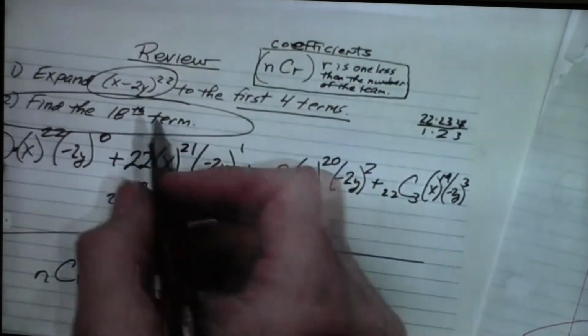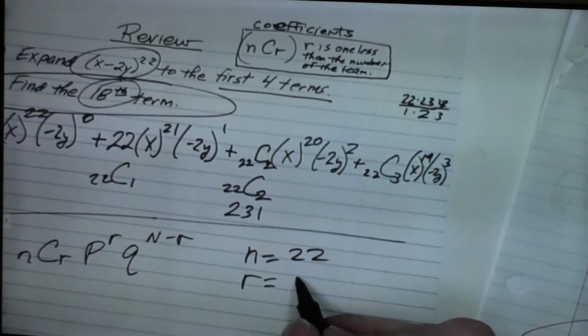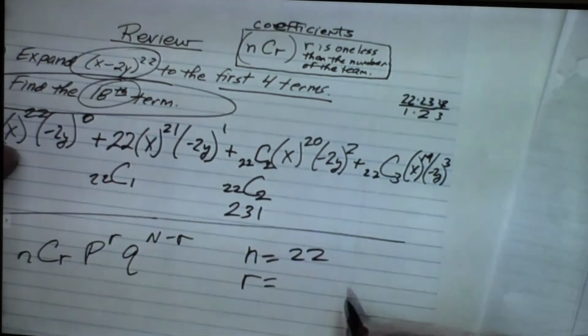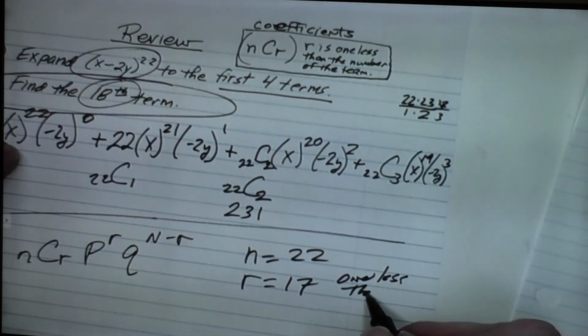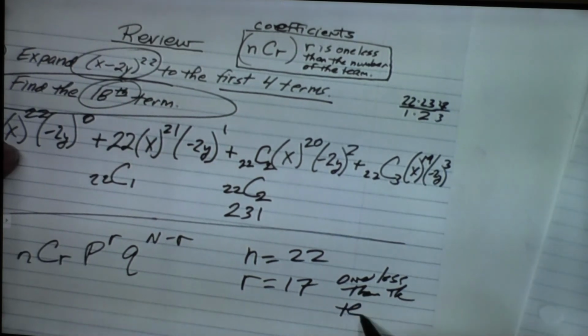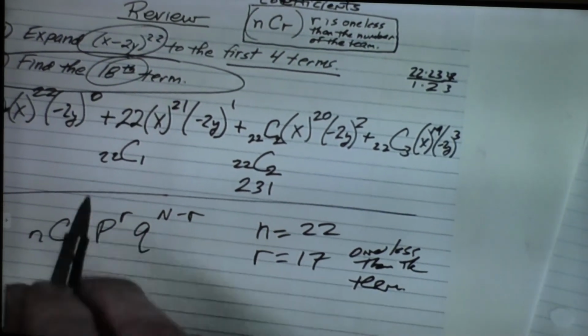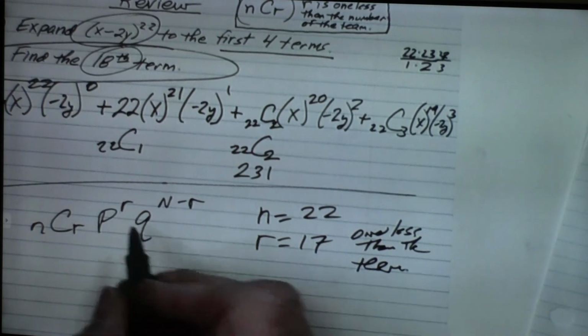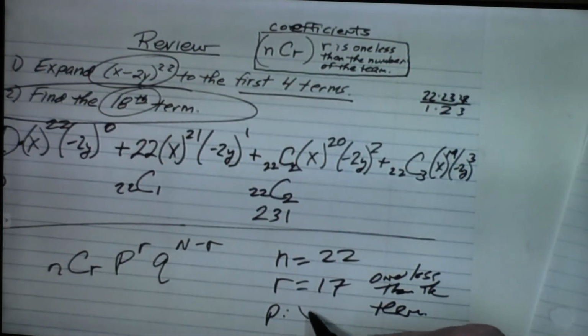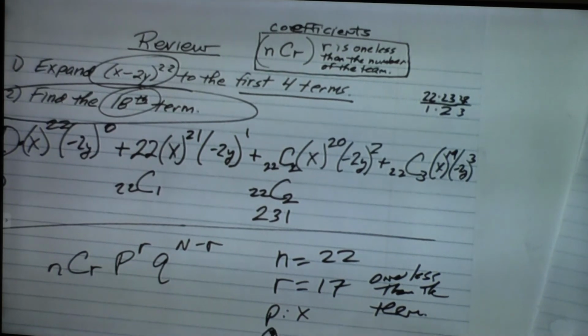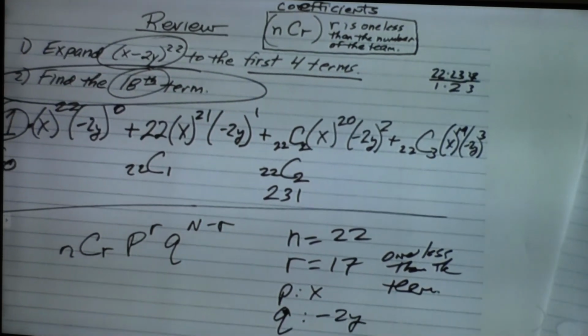okay, it's the 18th term we want. The r has to be 1 less than the term, so it's 17. 1 less than the number of the term. So that's important. The p is going to be the x, okay, p is x and q is negative 2y.